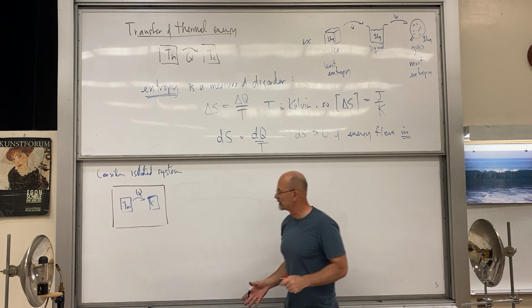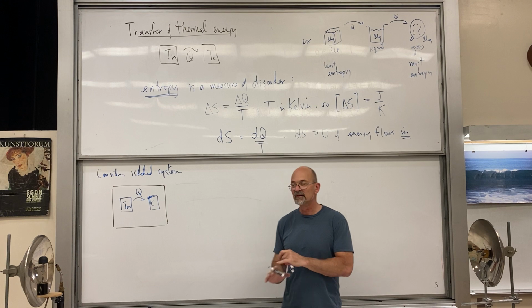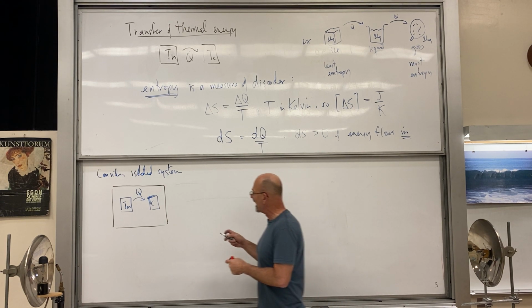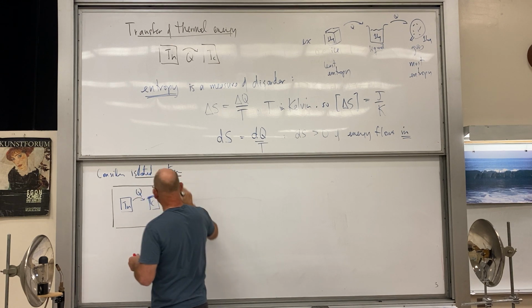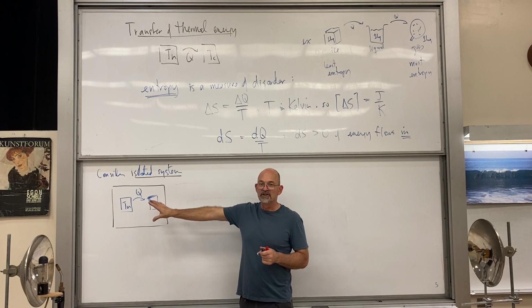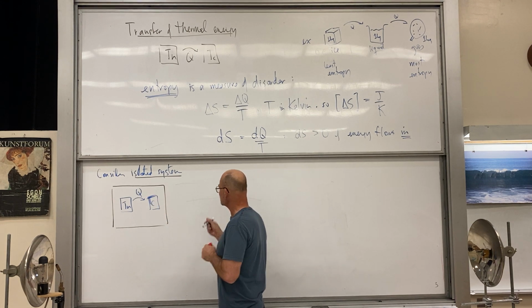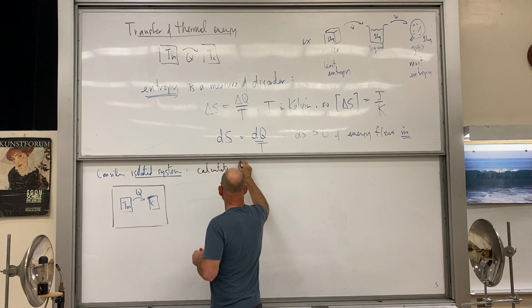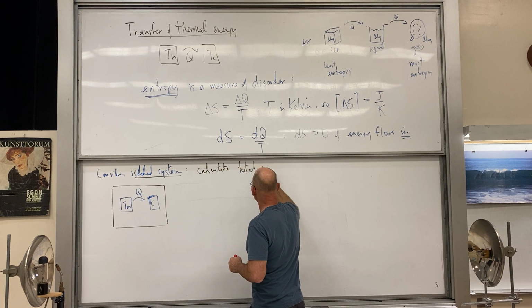Like you put two things in a cooler, put the lid down, and nothing gets in, nothing gets out. So there's our isolated system, and we want to calculate the total change of entropy.